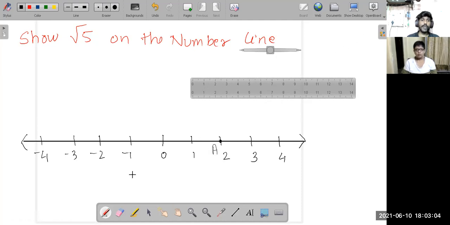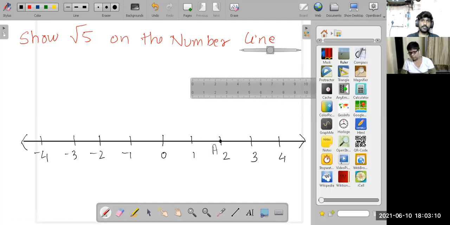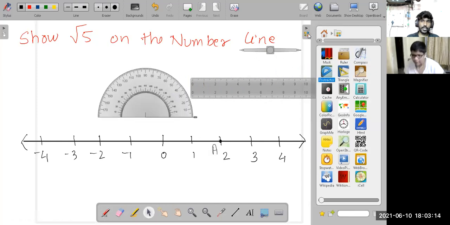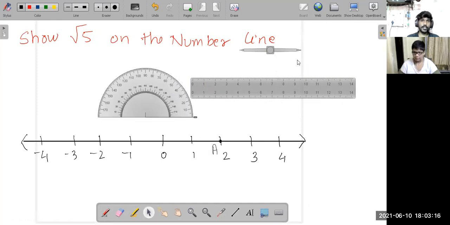Now, do you have your protractor with you? Is it nearby? Okay, take it out.